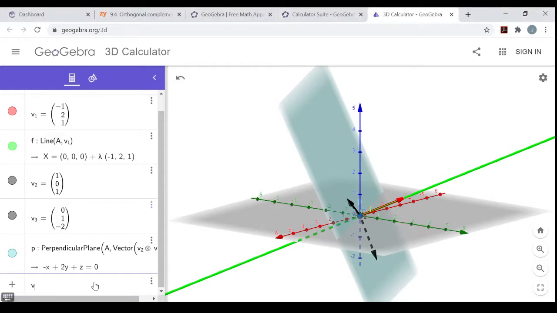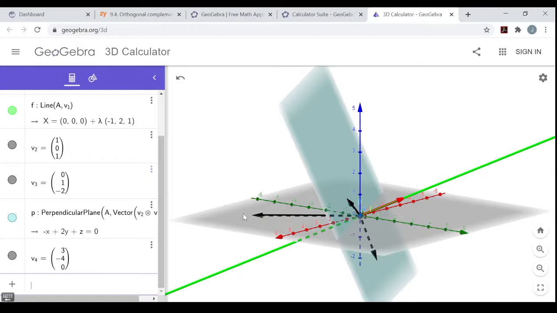If I put in the vector 3, negative 4, 0, see this new black thing showed up on the xy plane. See that that's not on the blue sheet or on the green line, right? But we can express it as the sum of a vector on the blue sheet with a vector on the green line, right? The row space and the null space.